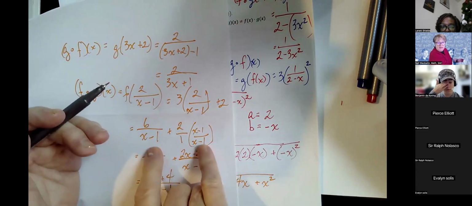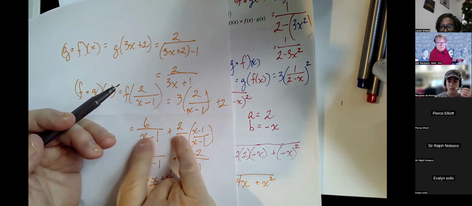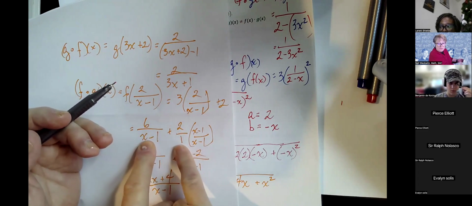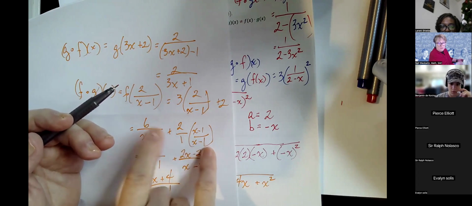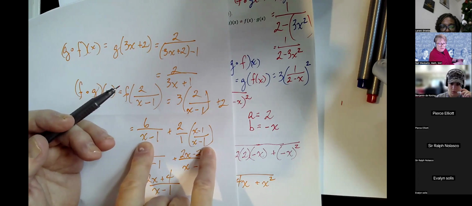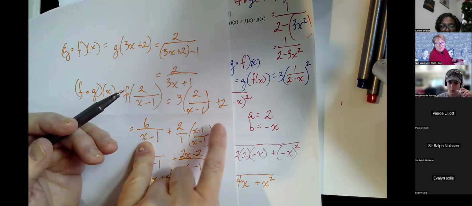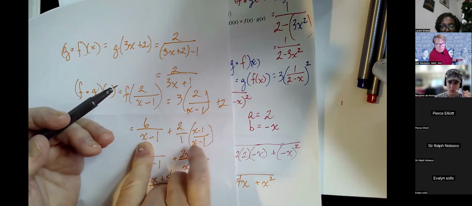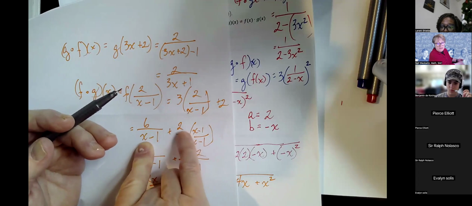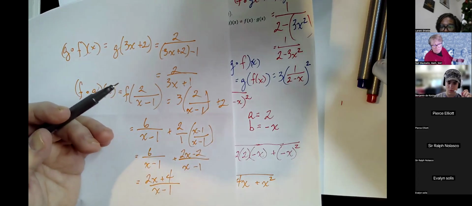But in order to combine these 2 terms, I need the same denominator. So 1 times x minus 1 will give me x minus 1. That's no big deal. But anything I do to the denominator, I have to do to the numerator as well, so I'm not changing the whole problem. And that's why we get 2x minus 2 over x minus 1. Thank you. You're welcome.